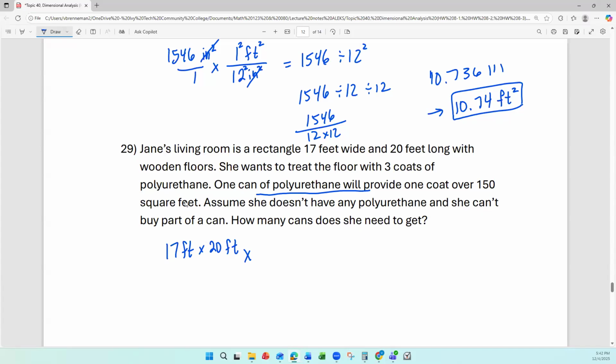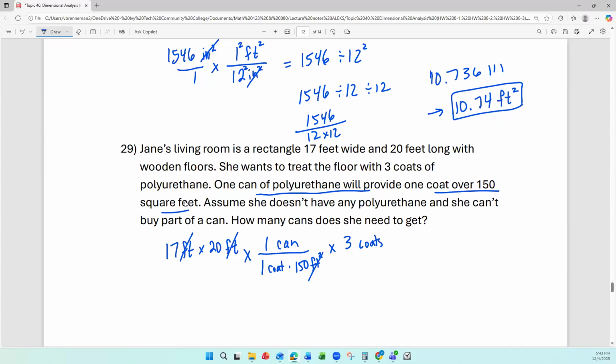So then I use this information. 1 can of polyurethane is 1 coat over 150 square feet. So I can do that this way. 1 can is 1 coat and 150. So it's kind of both per coat and per 150 square feet. So that'll cancel out the square feet. And she wants 3 coats.